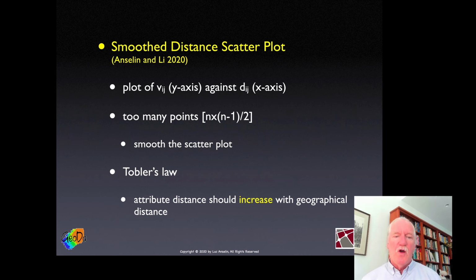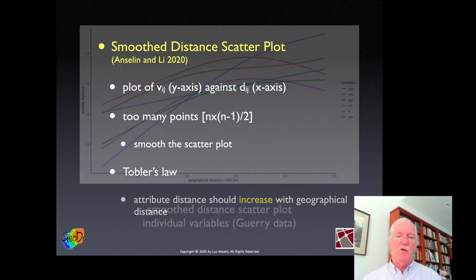And so this smooth distance scatter plot, which is a very simple device, gives us a sense of how the attribute dissimilarity stacks up against geographical distance. And because there are too many points, just like in the previous one, we smooth the scatter plot, and that brings out an overall pattern.